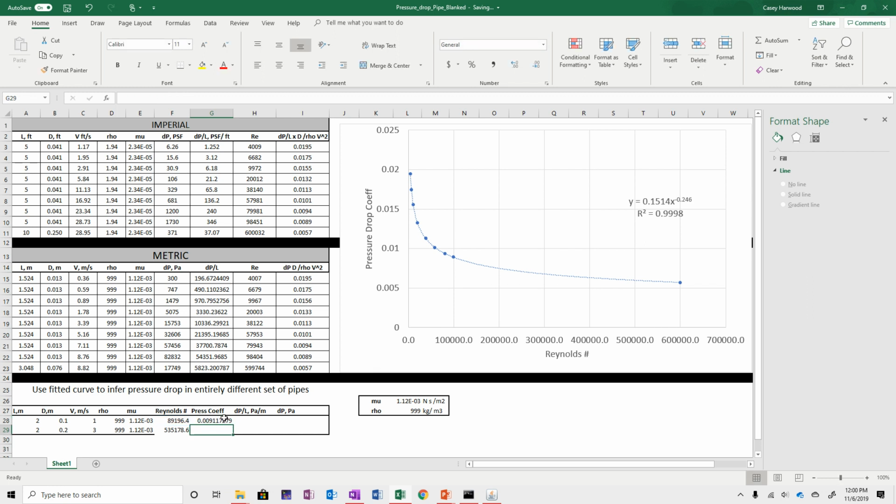And what I've done is I've placed these estimated points as symbols on the curve. So we can see that we're within the bounds of our experimental data.